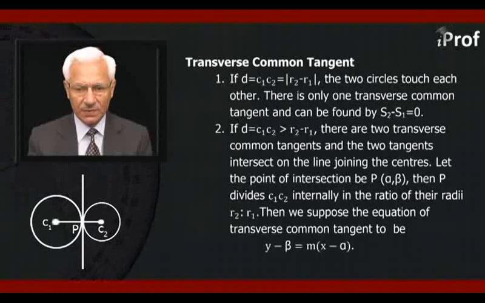P divides the line C1C2, that is the line of centers, internally in the ratio of their radii R1 is to R2. We then assume the equation of the transverse common tangent to be y minus beta equal to m times x minus alpha.